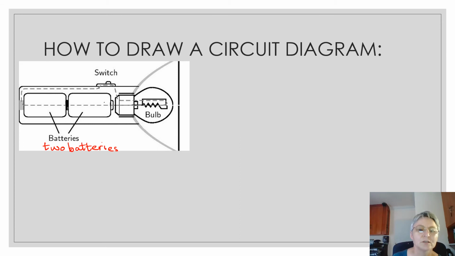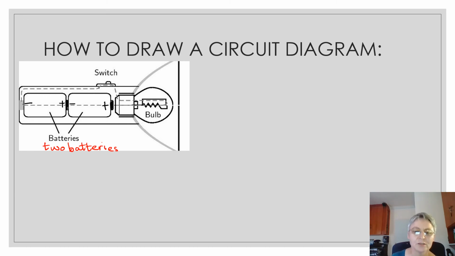So this flat part of the battery is the negative. So the positive is connected to the negative. And you've got the switch. There's your switch. Okay, and then you've got the bulb.